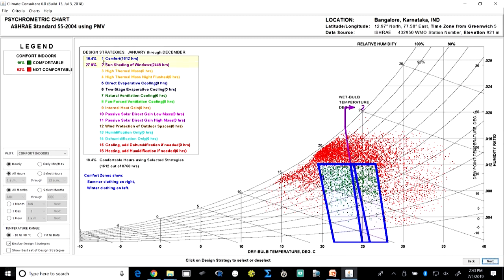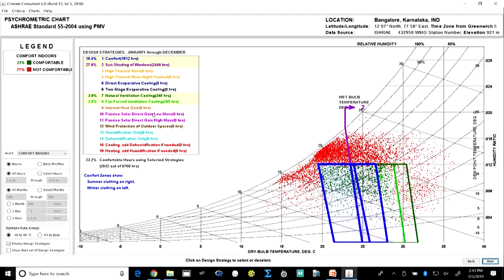and if I add just sun shading, around 27.9% of the hours are added to the comfort hours. And if I look at the natural ventilation, around 3.9% of the hours here are added to the comfort, and if I add fan forced ventilation, another 3.5% are added to the comfort.